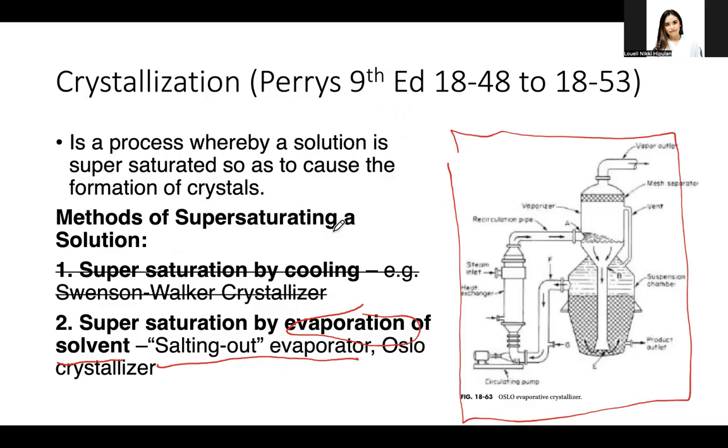So for this type of crystallizer, the solution is heated and the solvent is vaporized. You have your vapor outlet here in your evaporating chamber, and then the solution is slightly cooled down.